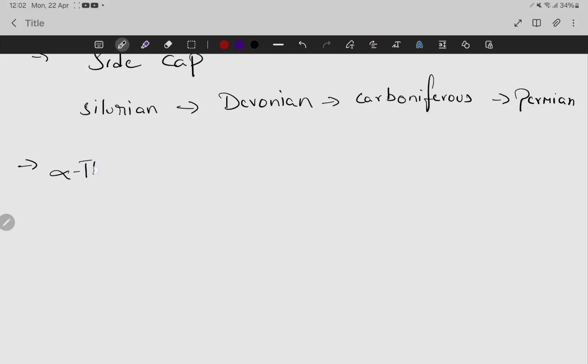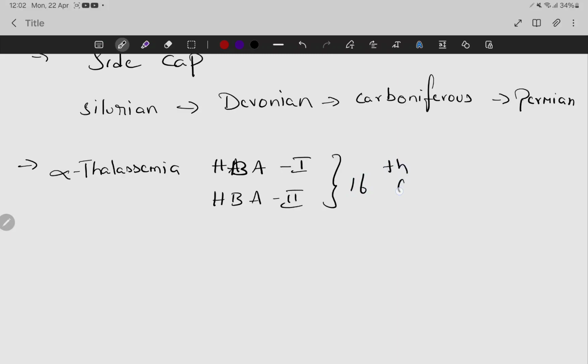Alpha thalassemia. Alpha thalassemia is because of HBA1 and HBA2. These both are present on 16th chromosome.